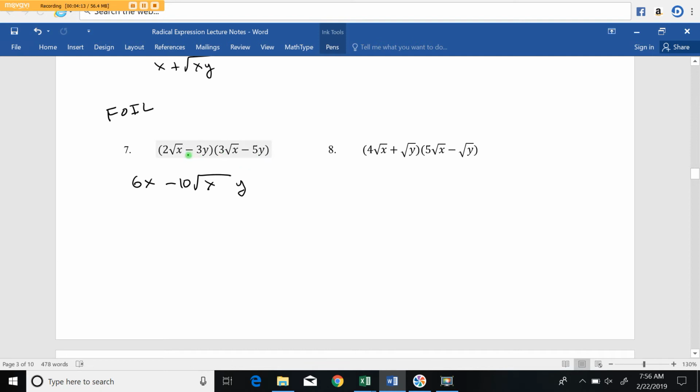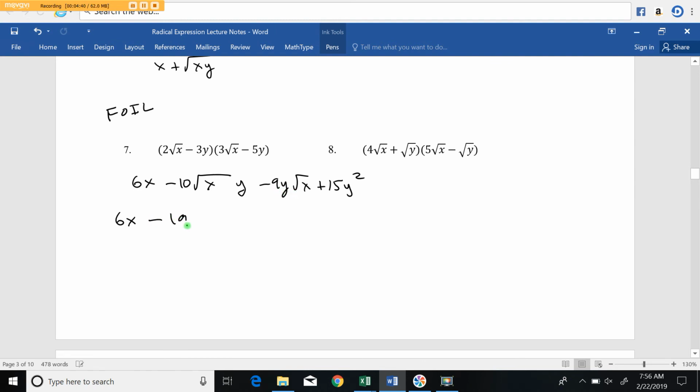Inner term, right, minus 9y times square root of x. And this last term is going to be plus 15y squared. And this can be cleaned up some. Let's see, this 6x, I guess there's nothing to simplify there, but this term is minus 10y root x, and here's minus 9y root x.